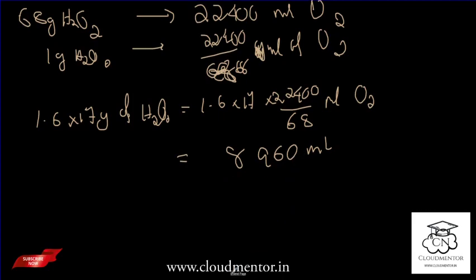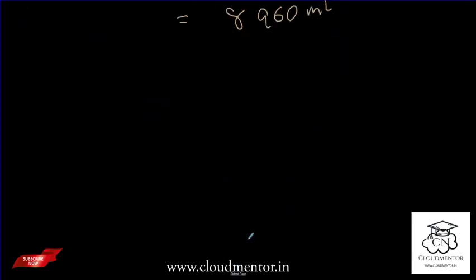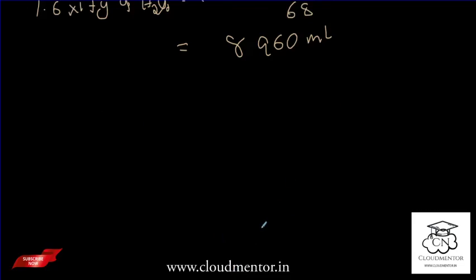But we know that 1.6 multiplied by 17 gram of H2O2 is present in 1000 milliliter. That is the strength, right? 1 liter means 1000 milliliter.